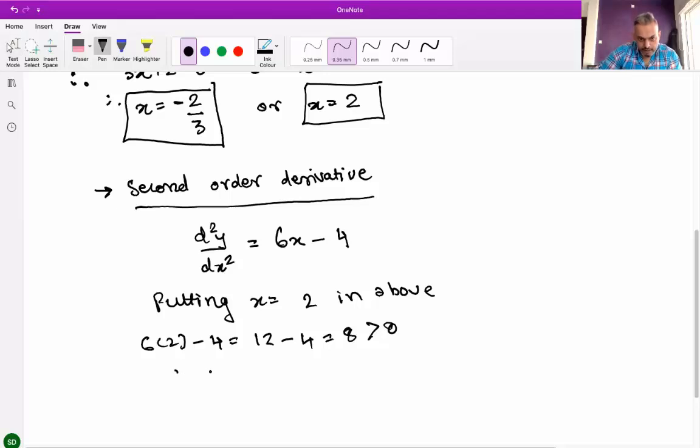So at x is equal to 2, function is minimum.